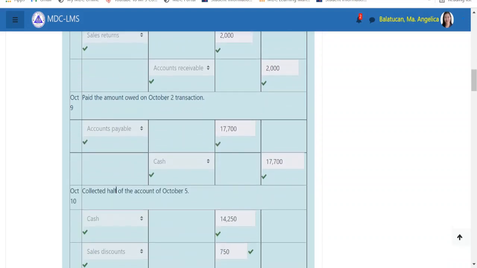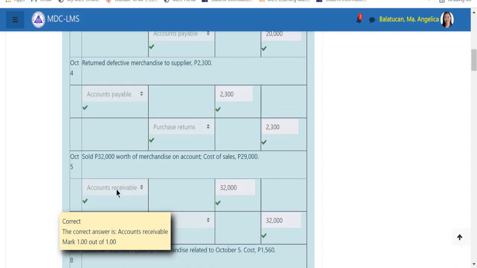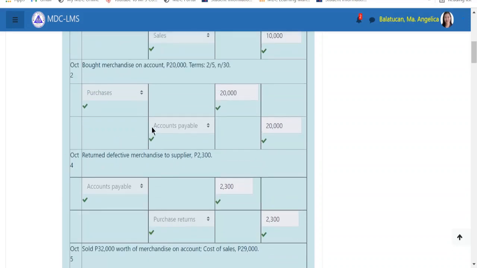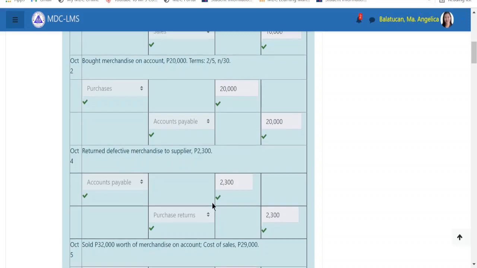Next, pay the amount owed on the October 2 transaction. So let's go to the October 2 transaction. That's 20,000 bought merchandise on account. But remember that we have returned 2,300 of goods to our supplier. So we're no longer paying the entire amount of 20,000, but only what is left after we return 2,300 worth of goods.